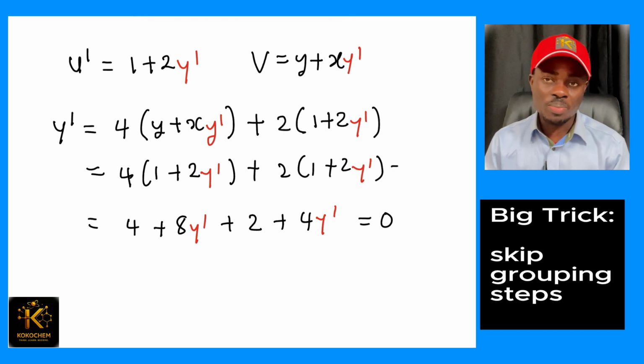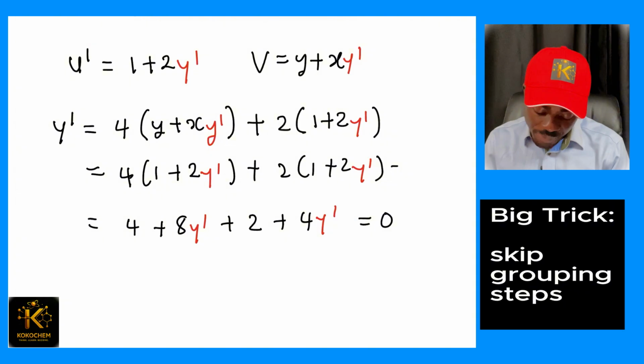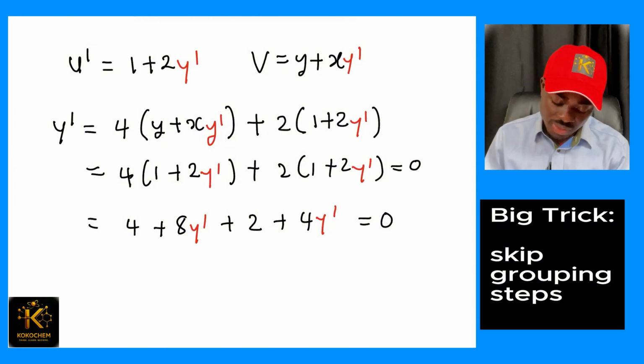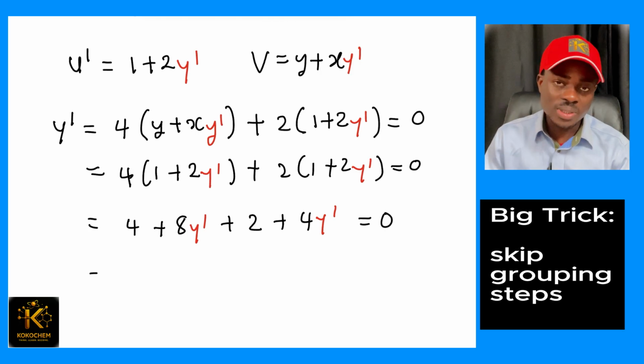As an ultimate group, the y prime and y prime, we group it together. One person will be grouping and the answer would be 8y prime plus 4y prime, that is 12y prime. And when I now call him, you are always working against time.